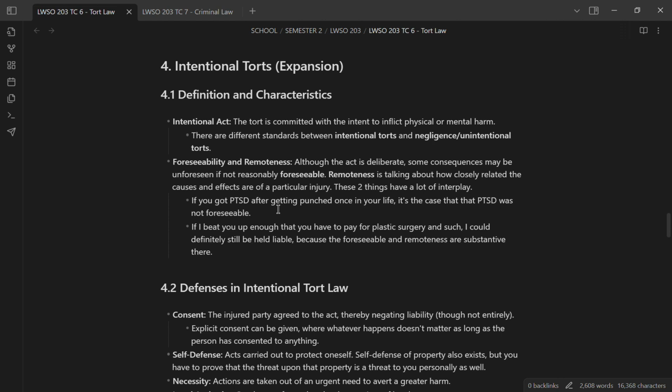If you get PTSD after getting punched once in your life, it's probably the case that PTSD was not foreseeable. But if I beat you up enough that you have to pay for plastic surgery and such, I could definitely still be held liable because the foreseeability and remoteness are substantive. That kind of damage is clearly foreseeable. The relation of you getting plastic surgery and that kind of damage that you would require plastic surgery for, there's a lot of remoteness there.